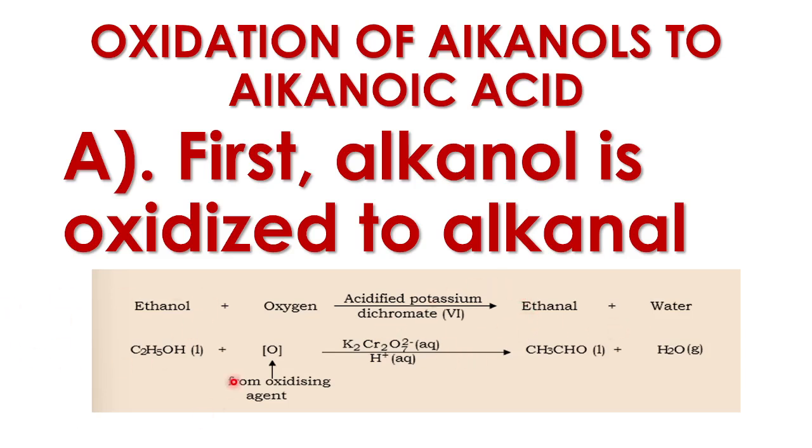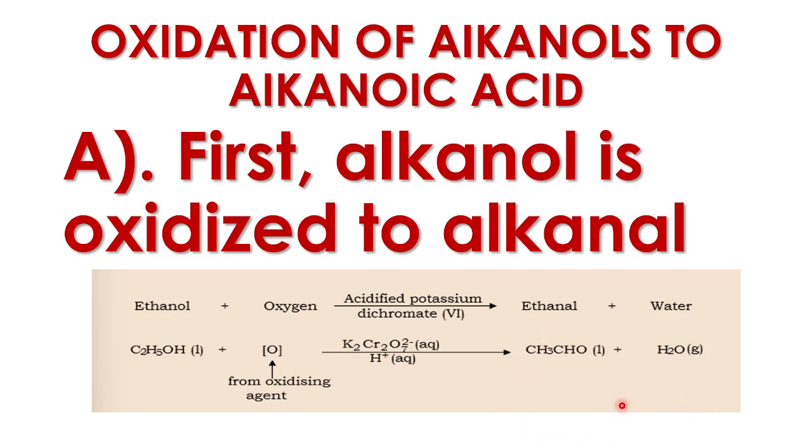So just write ethanal using its formula plus the oxygen from the oxidizing agent, whose role is to oxidize, under the acidified potassium dichromate, to give you ethanal plus water.